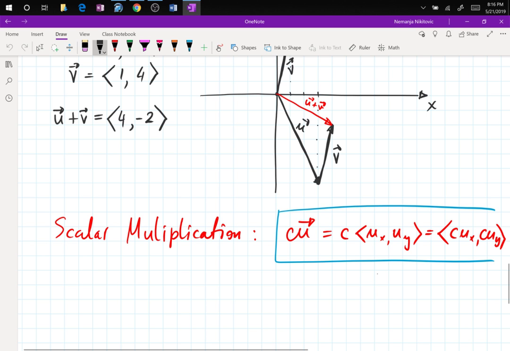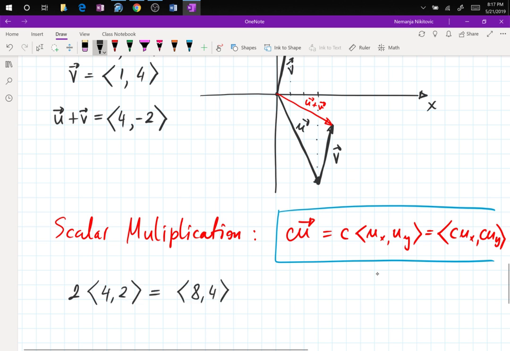Now, you also can say, okay, I have an object and I can add another one to it. So this is technically 1 times 2. If this is my vector u, this is my vector 2u, as I link these two markers one with the other. So if I have 2 times vector 4, 2, it becomes vector 8, 4.